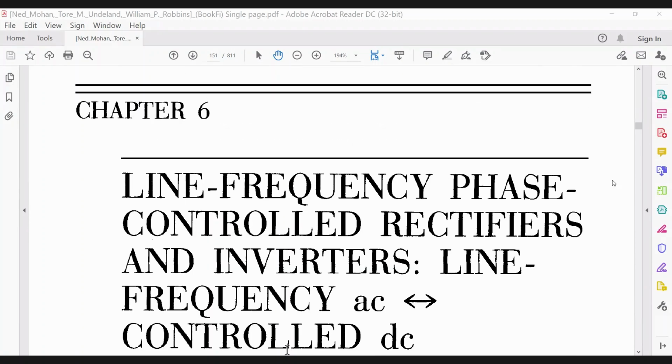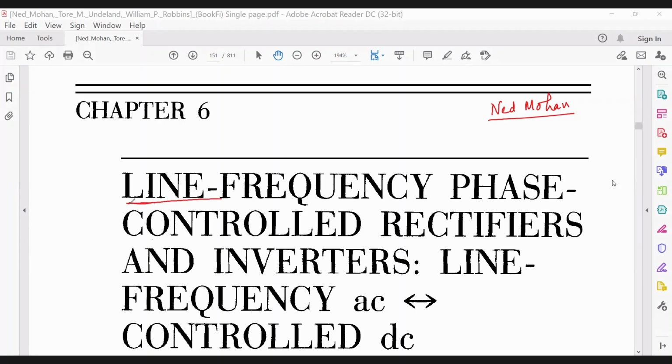So this is chapter 6 from Ned Mohan, third edition. Okay, so we shall cover some of the topics from here. I have already given you the introduction.